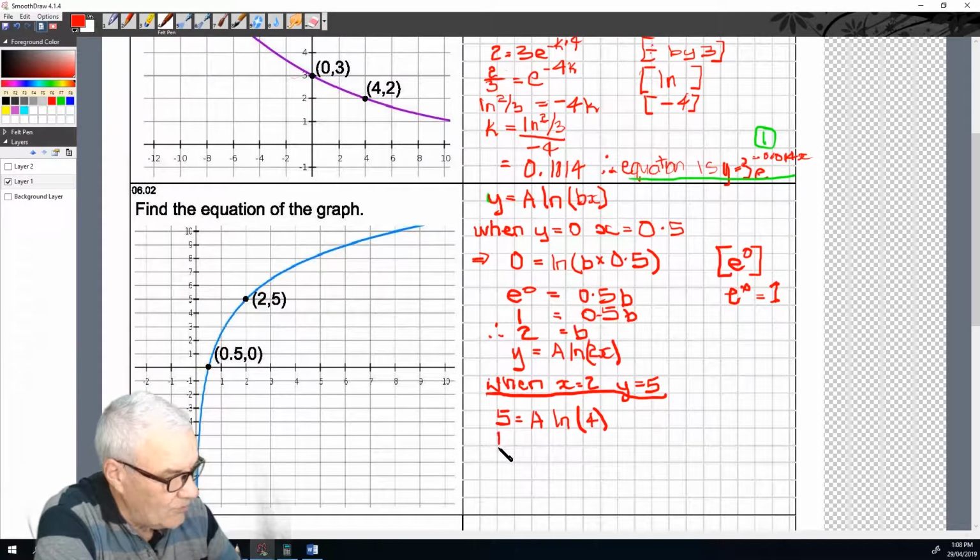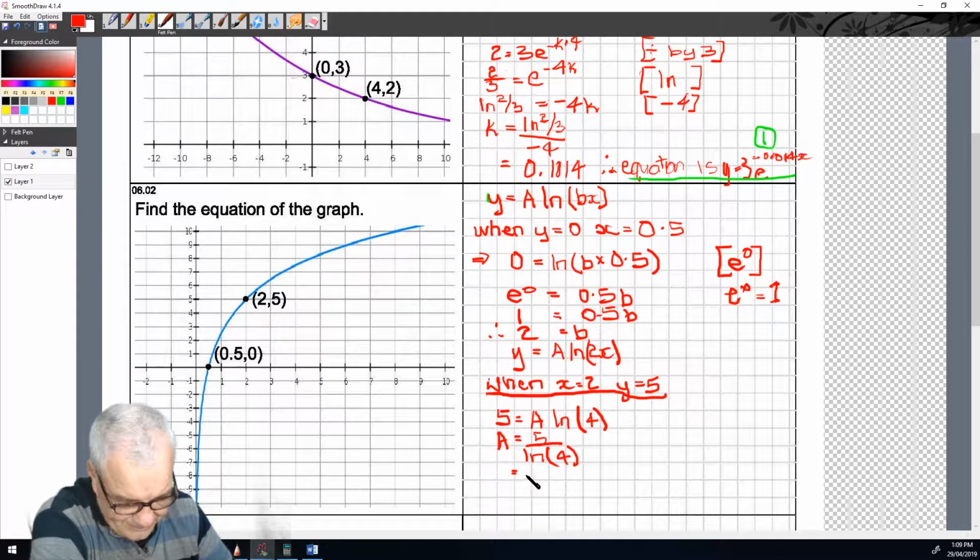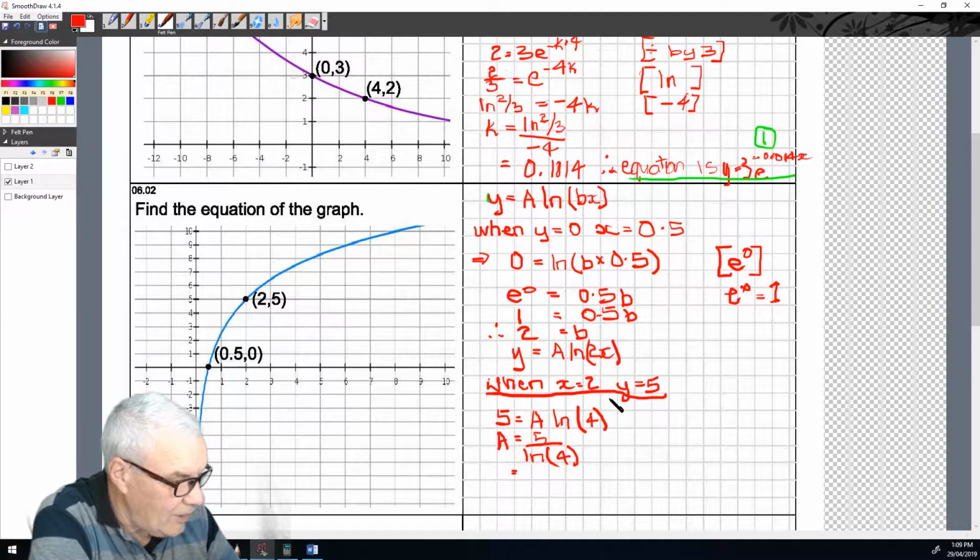So therefore we can say that a equals 5 over ln 4, and that equals 3.6067.